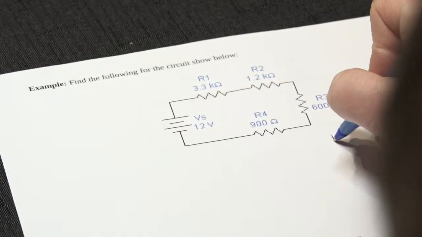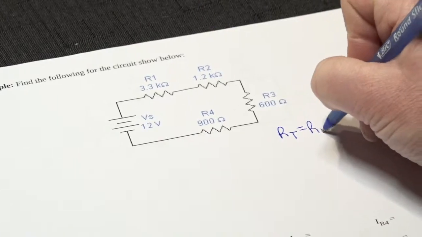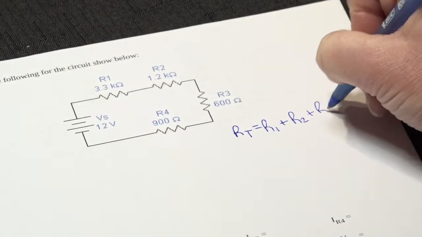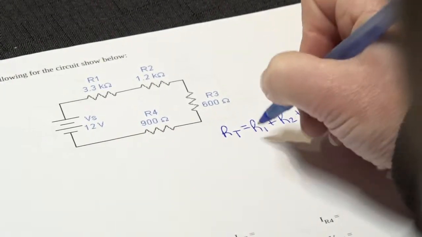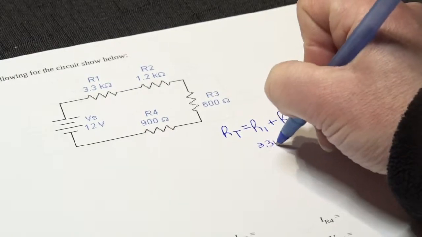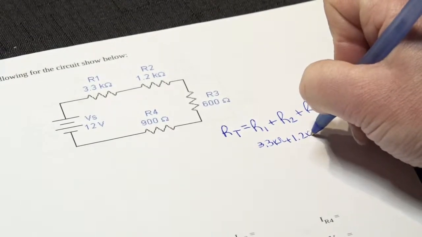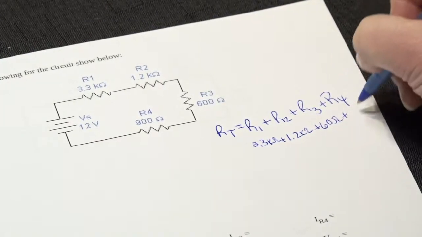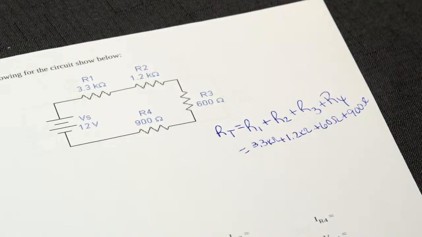So resistance total is going to be equal to R1 plus R2 plus R3 plus R4, which is 3.3K ohms plus 1.2K ohms plus 600 ohms plus 900 ohms. And what does that indeed give us?